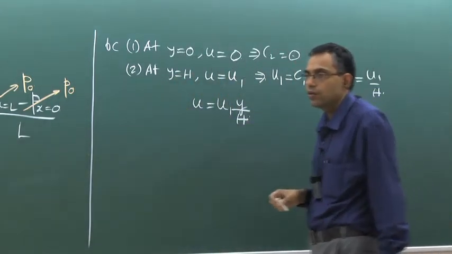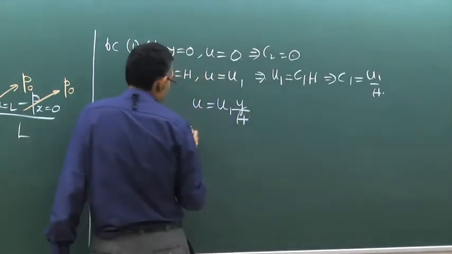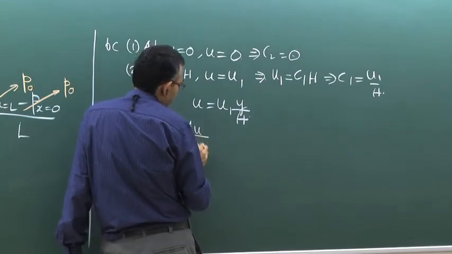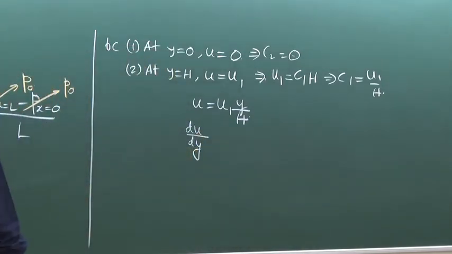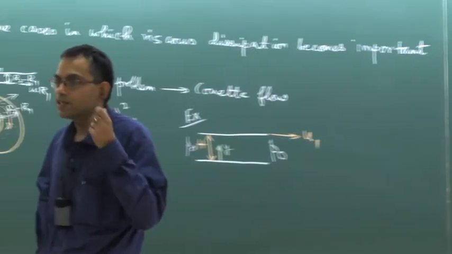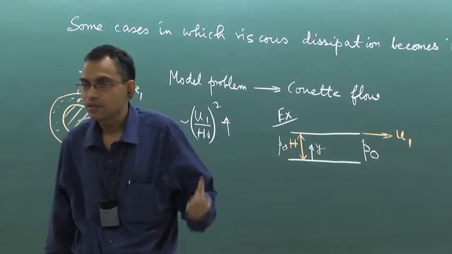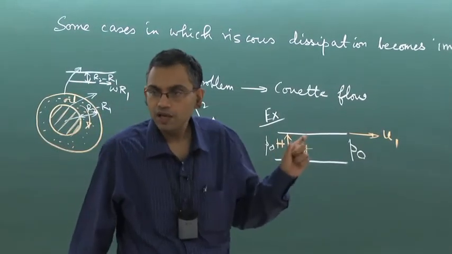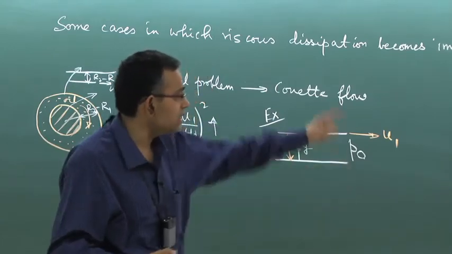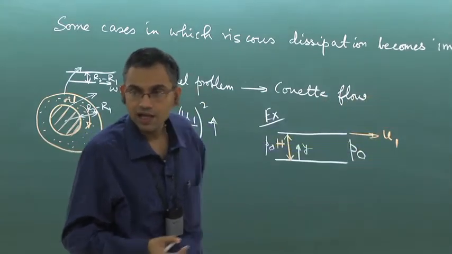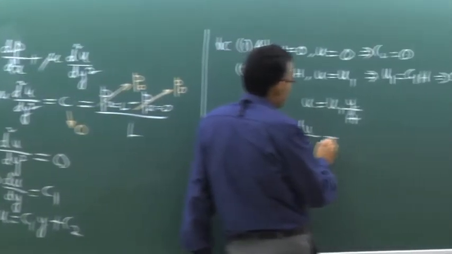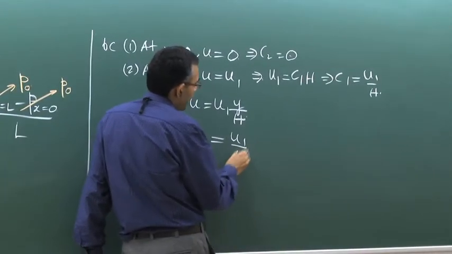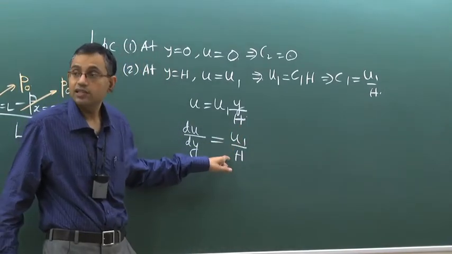So what is du dy? What is the rate of deformation of fluid in a plane like this, that is del v del x plus del u del y, right. So here there is no v, so it is basically du dy. So this is the rate of deformation. So this is the rate of shear. So rate of deformation is u1 by h, which is a constant.